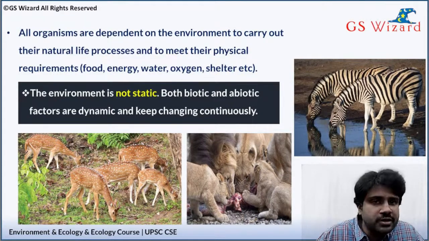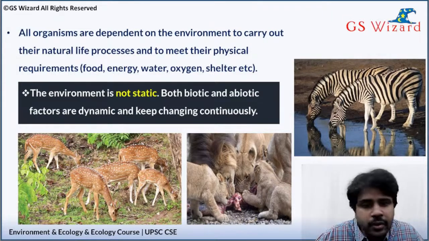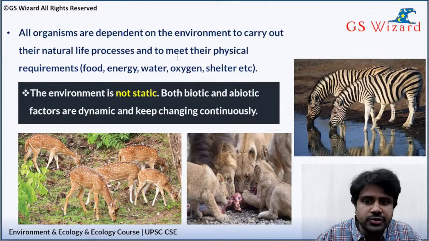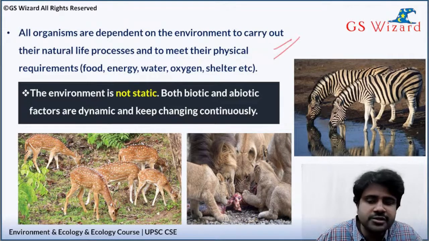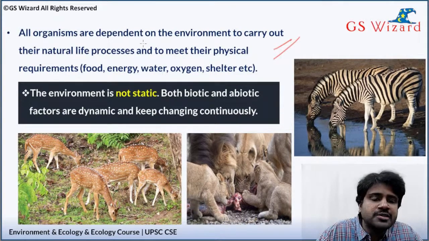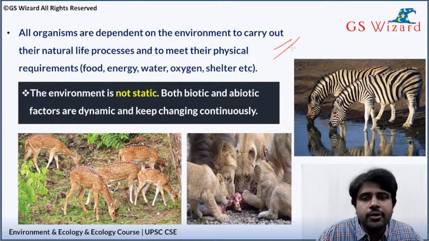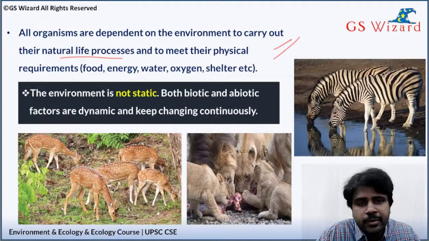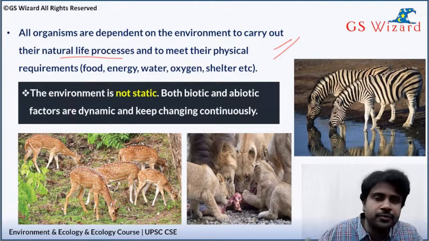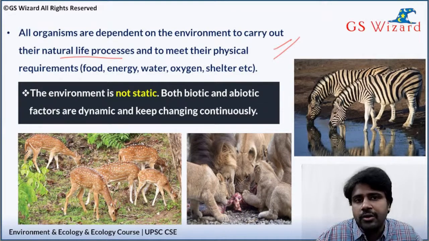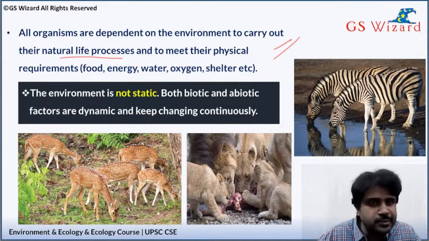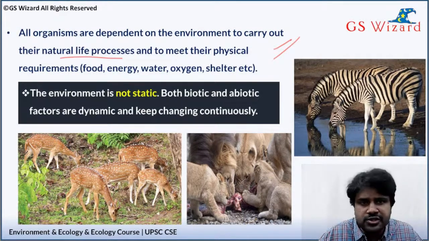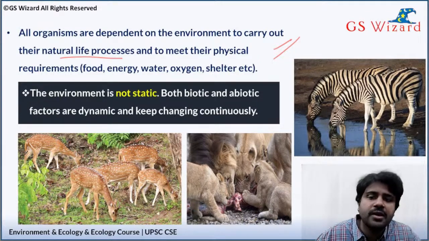To carry out all these life processes, living organisms depend on the environment. So just look at this point, very, very important. All organisms are dependent on the environment to carry out their natural life processes. What do you mean by natural life processes? The list of things which I just told you: respiration, circulation, digestion, reproduction, excretion, and many other things.